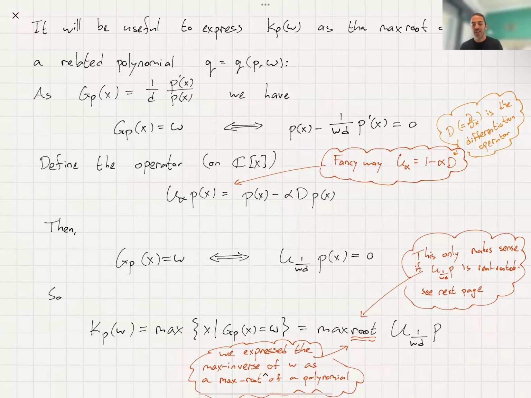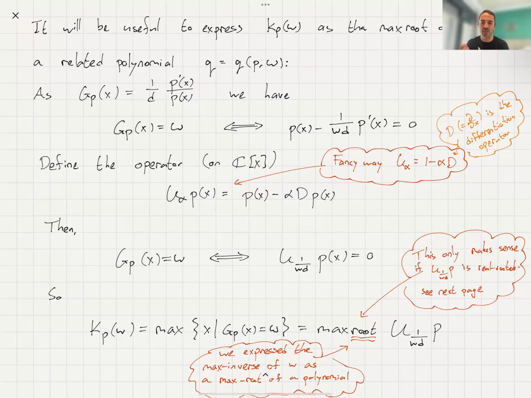So I want to reinterpret this Cauchy transform, the K transform, one more time. As I told you, the whole thing is going to be about polynomials. So it doesn't look like it, but the K transform in a sense is highly related to polynomials. I mean, it looks like a max inverse of this Cauchy transform.